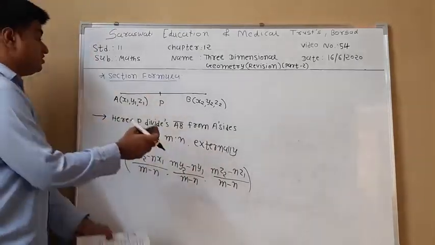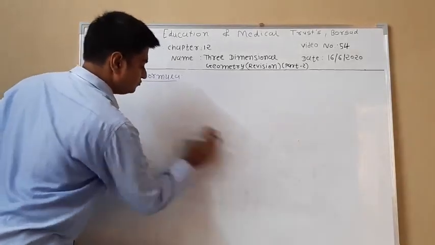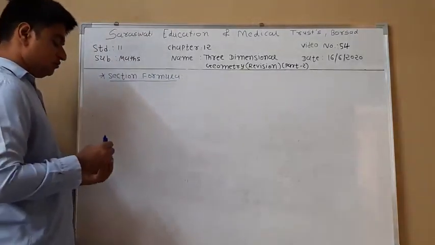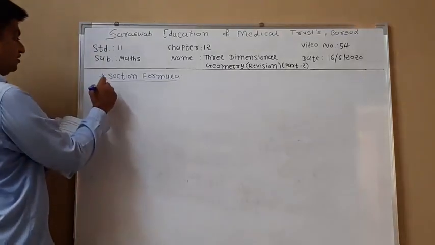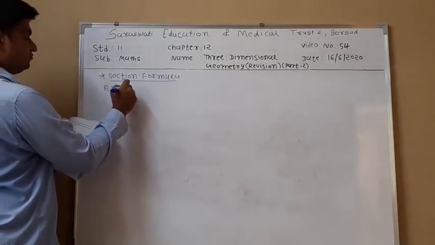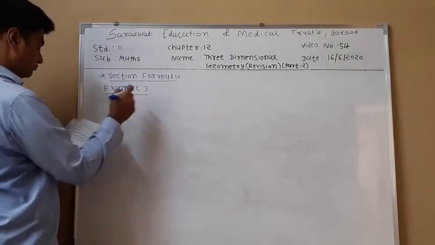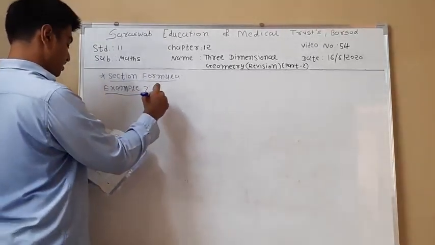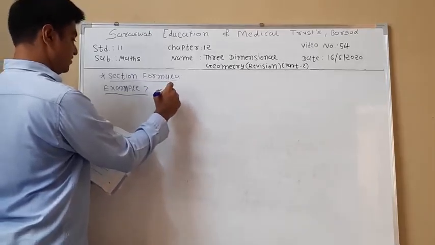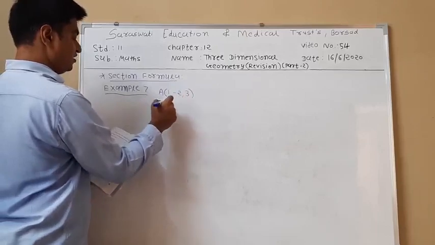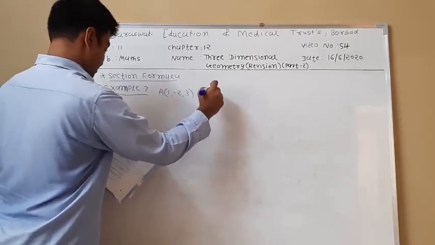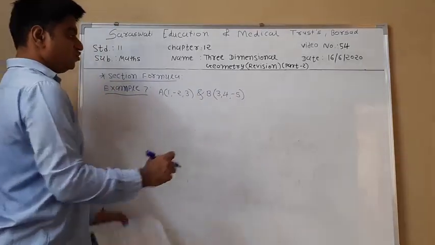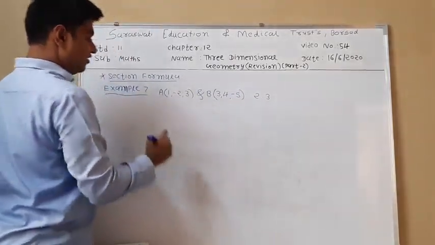Example number 7. Here the question is asked: find the coordinates of the point which divides the line segment joining the points A (1, minus 2, 3) and B (3, 4, minus 5) in ratio 2:3, divided internally.